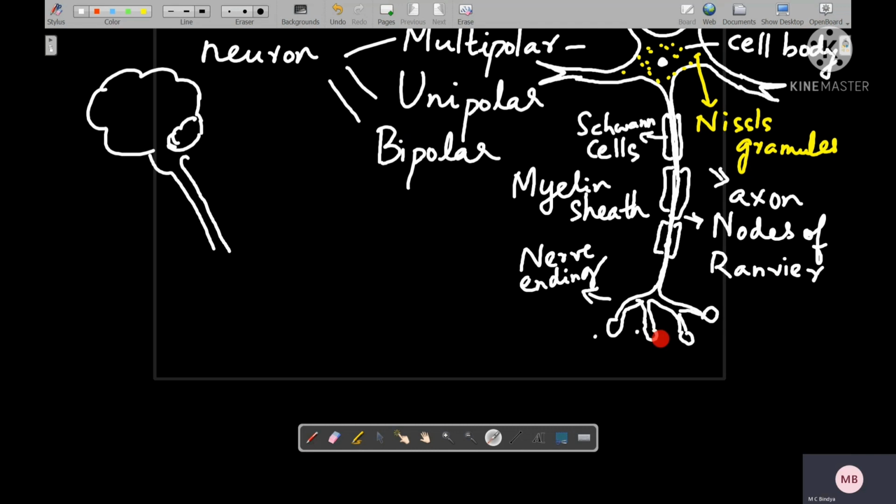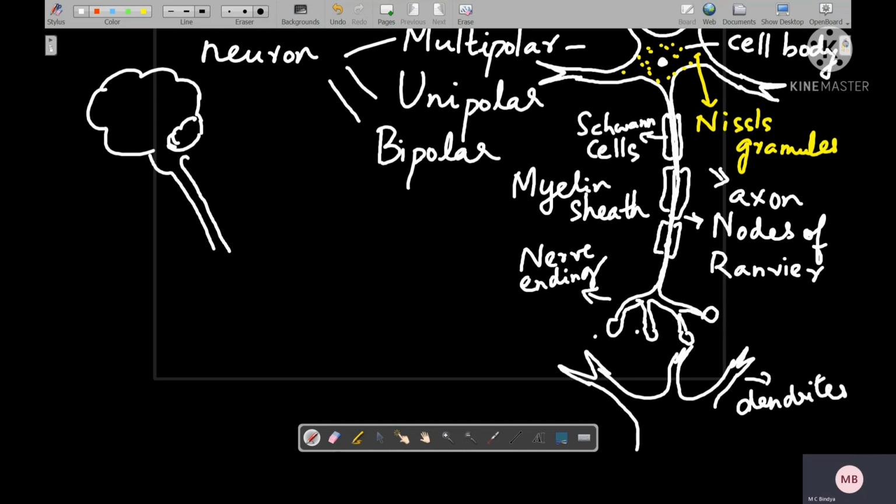So there will be a gap here between the two neurons. These are the dendrites of the next neurons. So there is a gap between the first neuron and the second neuron. This gap is called synapse.